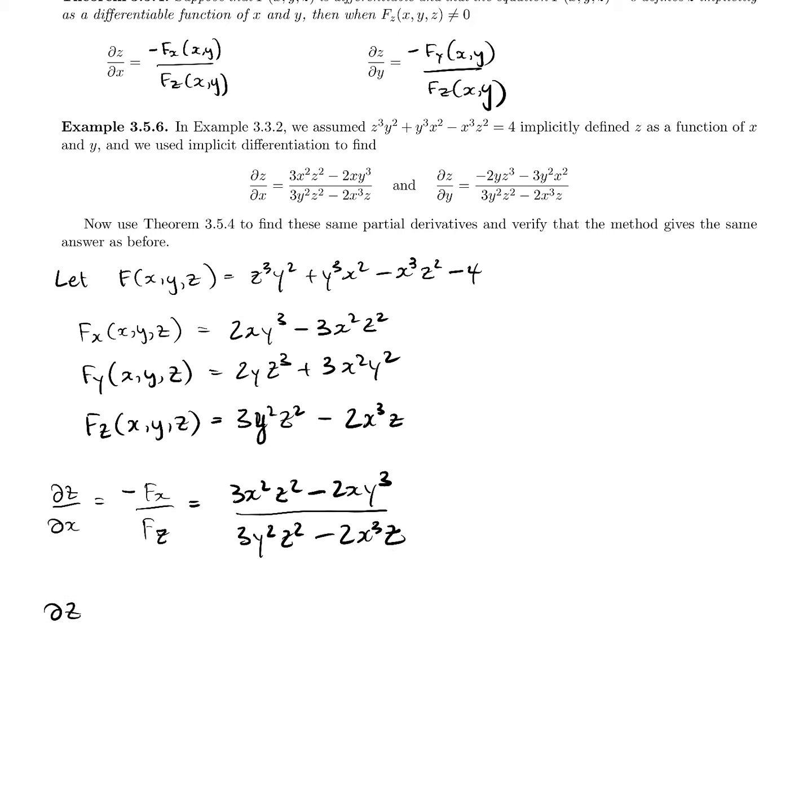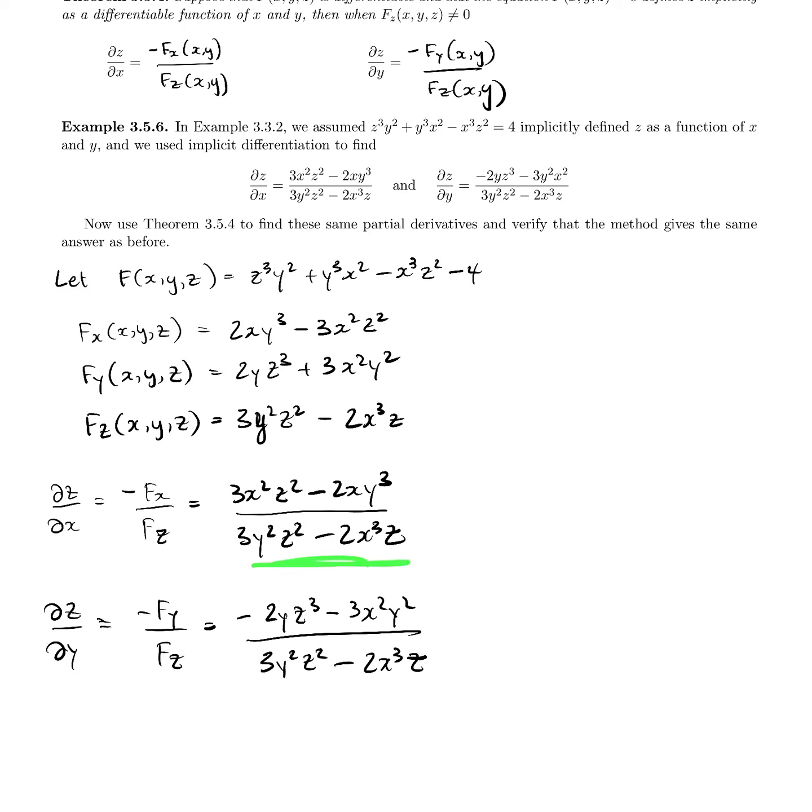And del z del y is minus f sub y over f sub z. So I'm going to take the negative of the f sub y expression, so minus 2y z cubed minus 3x squared y squared, divided by the same denominator, 3y squared z squared minus 2x cubed z.